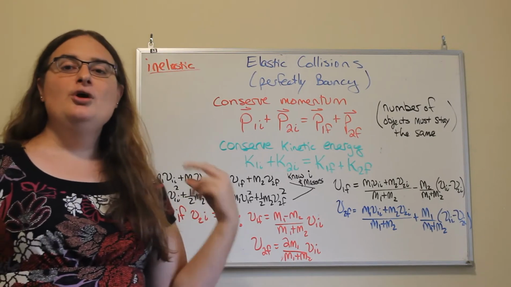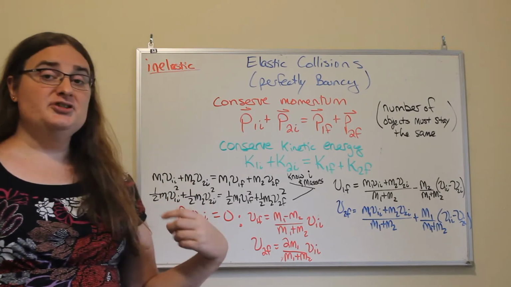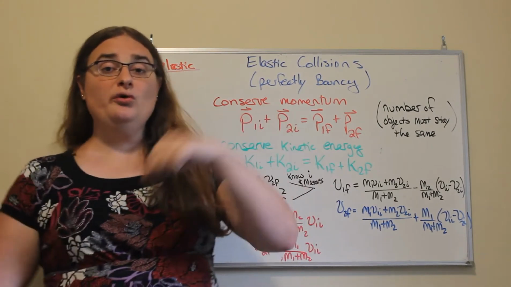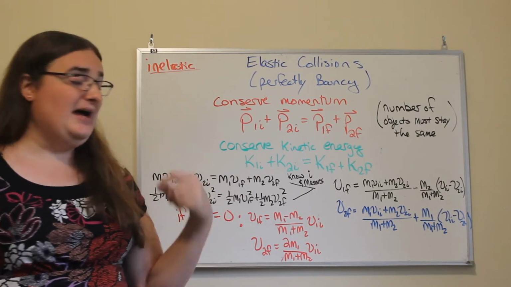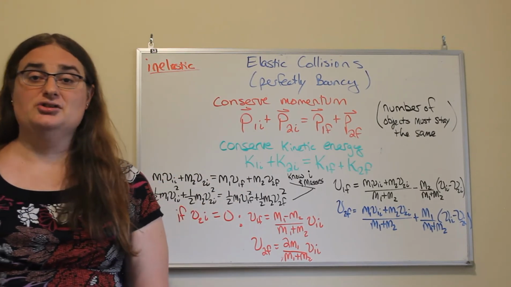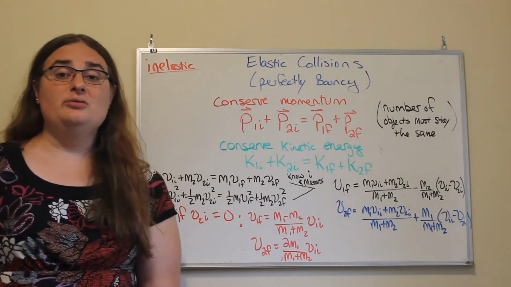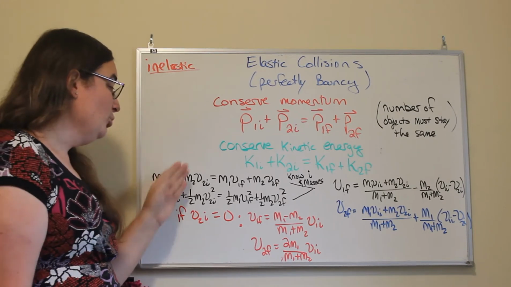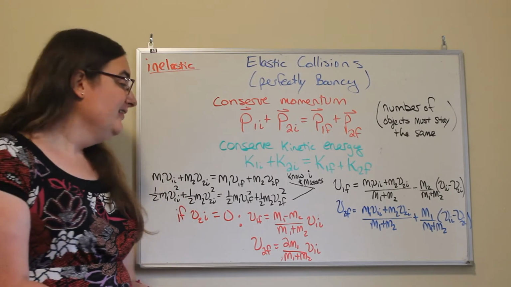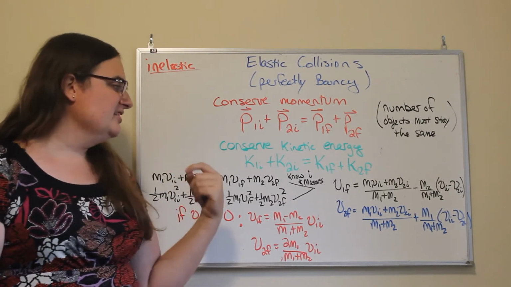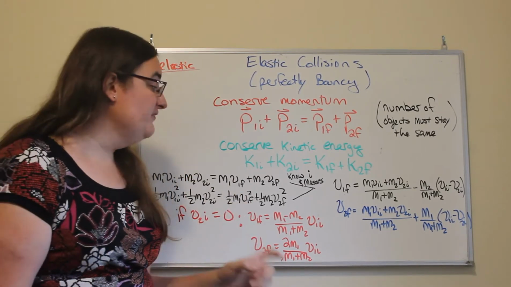And often when we're analyzing collision problems, we have the opportunity to know either the initial or final velocities of our objects, and we know the masses of those two objects. So if we were to start with a known initial velocity and a known mass for our objects, through a bit of algebra, you can take those two equations and solve them to express the final velocities of each object.